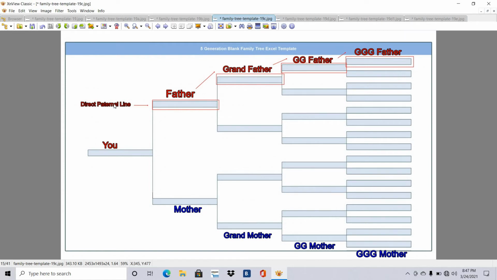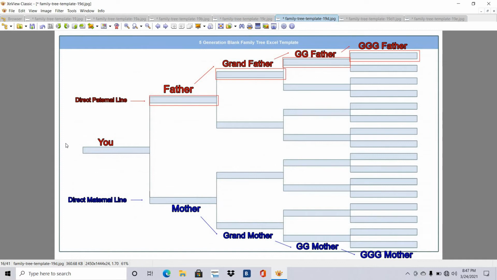And only males doing a Y chromosome DNA test can have the paternal line tested. And the mother's line is your direct maternal line from mother to grandmother to great-grandmother, and so on.